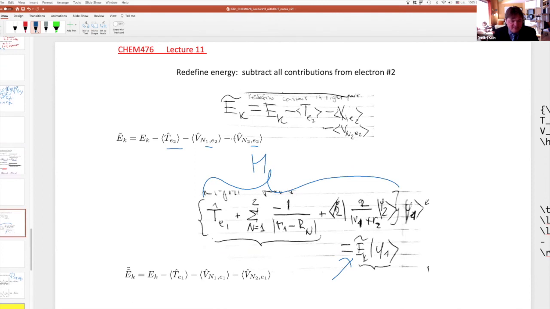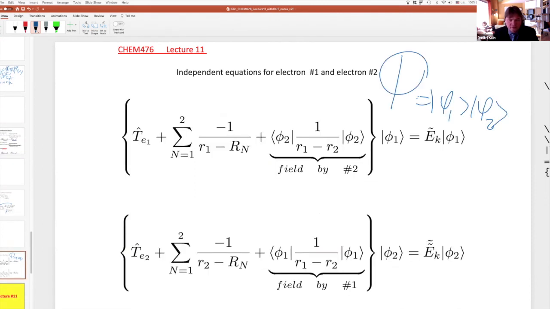And if I plug all these things into the molecular Schrödinger equation, I will obtain an equation where here is the reduced eigenenergy, and here is the reduced operator. And one can do the same procedure both for electron 1 and electron 2.